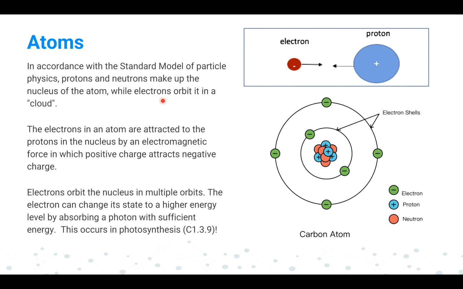And electrons orbit the nucleus in multiple shells. It's not like there are only one or two shells. The electron can change its state. When we say change state, that means it can go to a lower orbit, or it can jump to the next orbit. The condition is that it goes to the next orbit when it gains energy from the surroundings. When it comes back, it releases the energy which helped the electron go to the next orbit.